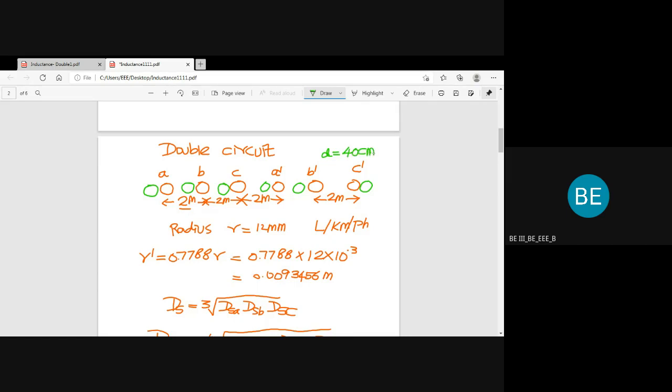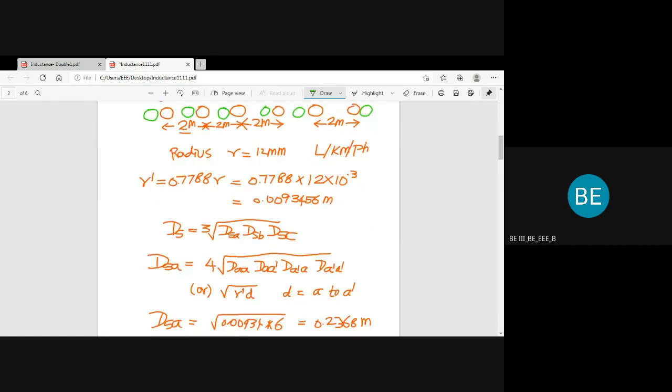So where do I need changes? The change here is that instead of DAA and DA dash A dash, we have substituted R dash.